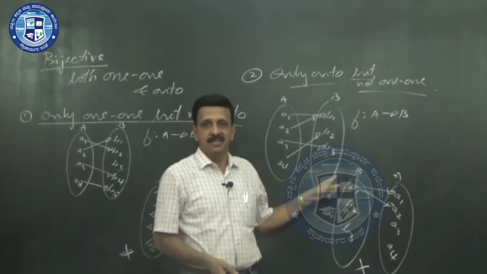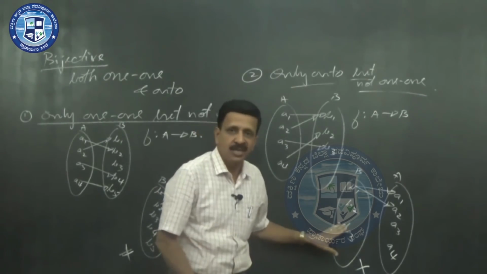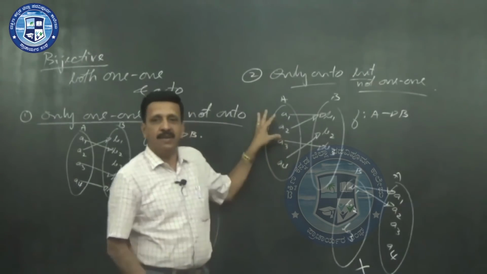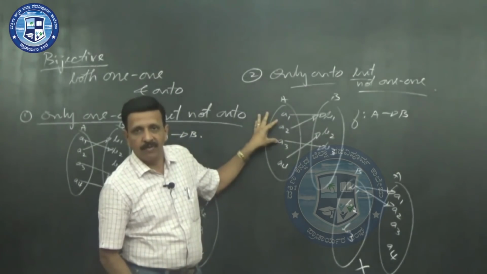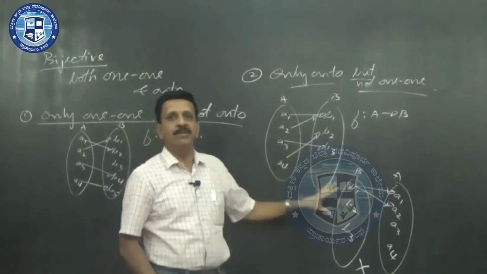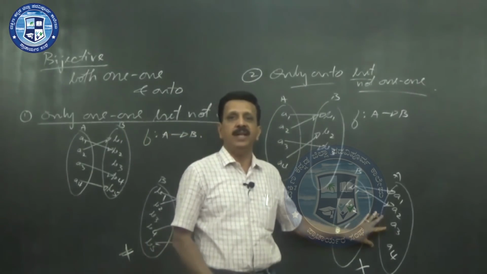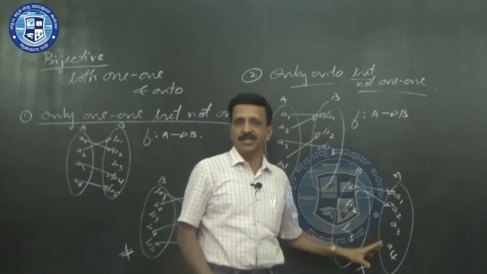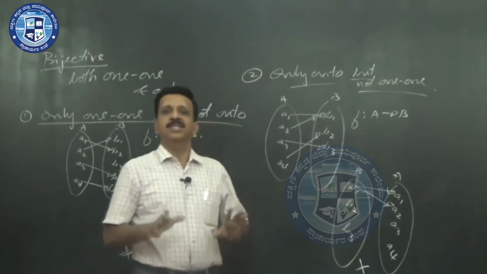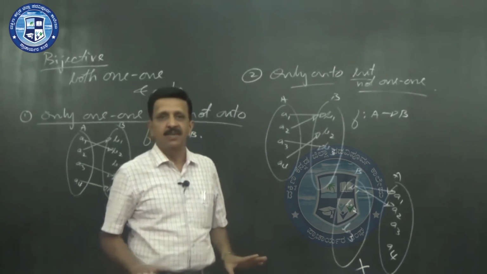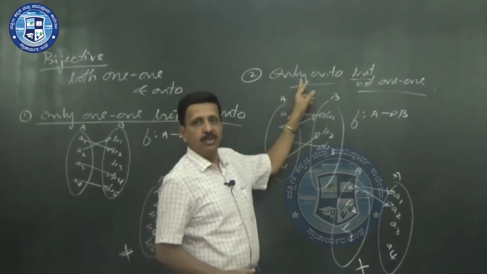Uniqueness is lost here. Therefore, this is not a function. I have taken a function which is only onto but not 1-1, and I tried to write an inverse relation for that, and you find that the inverse relation is not a function. That's why inverse function does not exist for a function which is only onto but not 1-1.